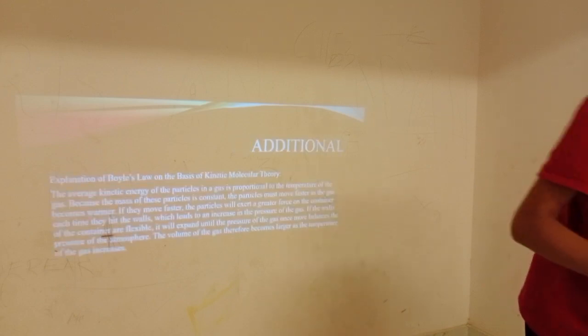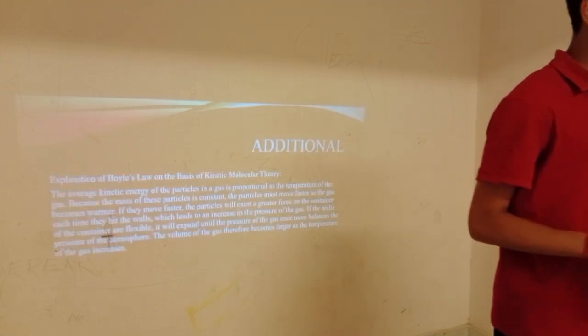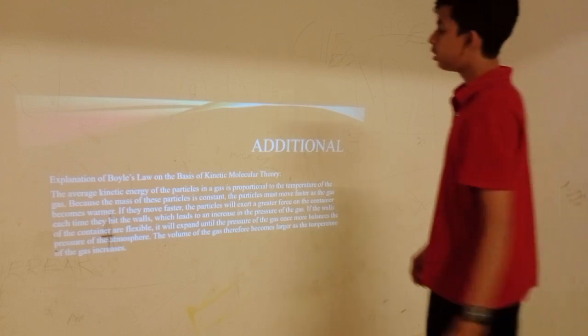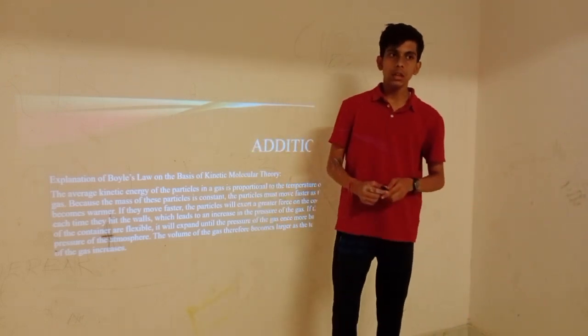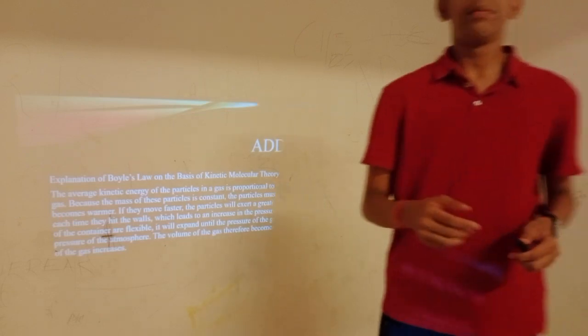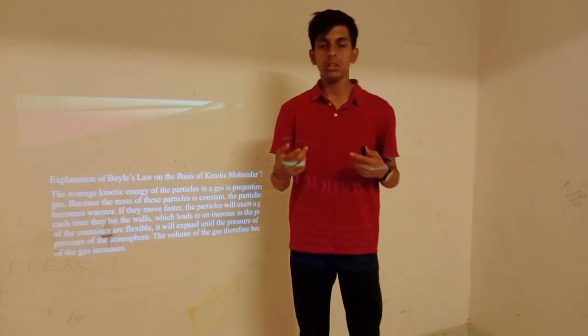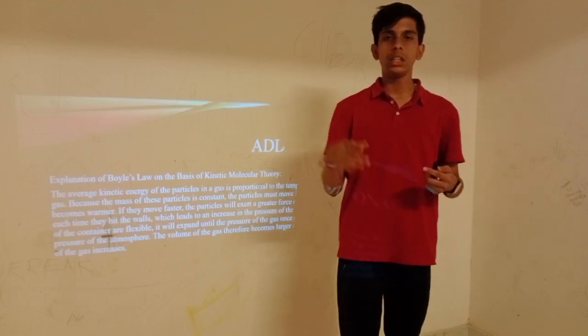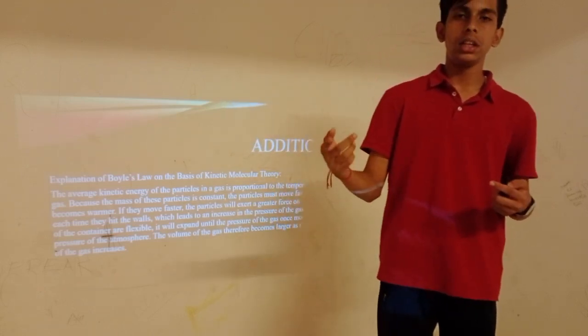Now, again on the basis of kinetic molecular theory, how is the volume of a gas related to temperature? When we touch upon kinetic molecular theory, the movement of particles, or the kinetic energy possessed by particles, increases when temperature increases.